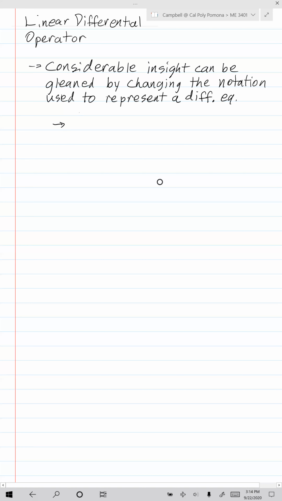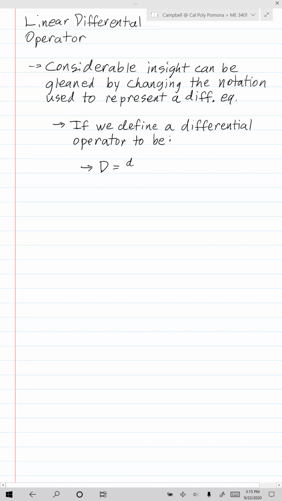So let's see what that notation looks like. If we go ahead and define what we call a differential operator to simply be capital D is equal to d dt.